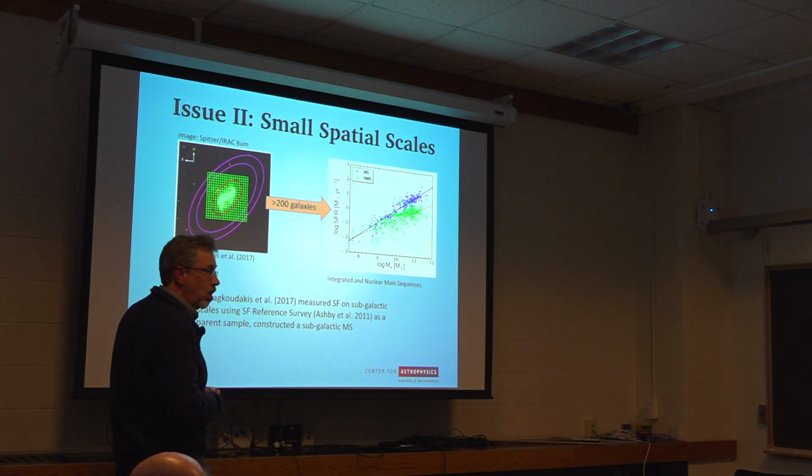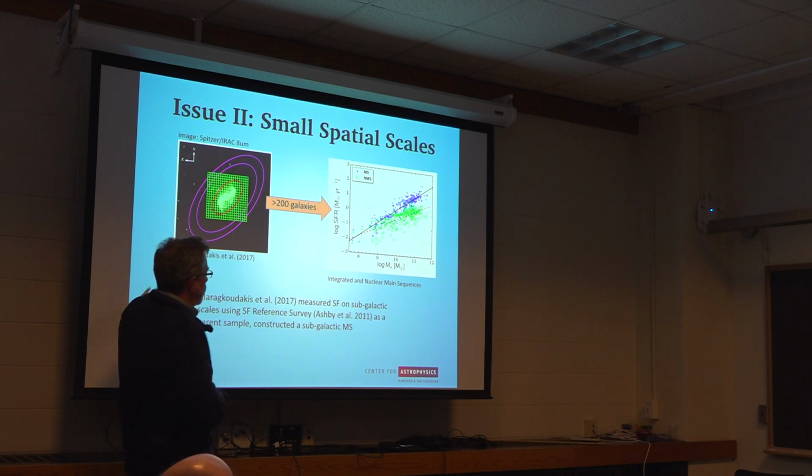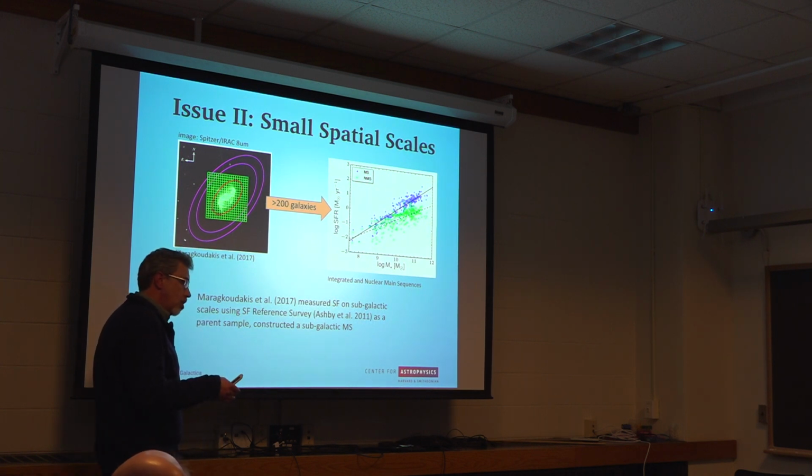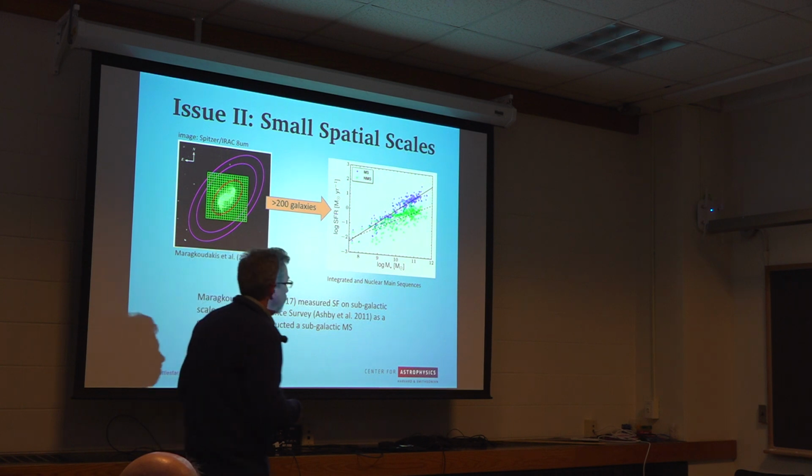Is that a fixed width aperture? I don't remember if it was fixed width. These galaxies are all IRAS galaxies, so they do occupy a range of redshifts, but they're all relatively local. I would have to check that. It's a fixed 2 kiloparsecs.